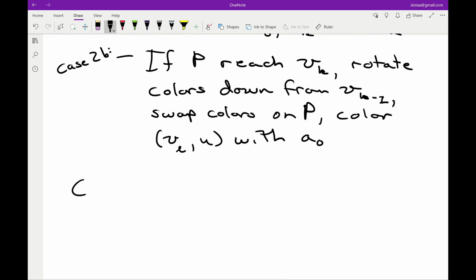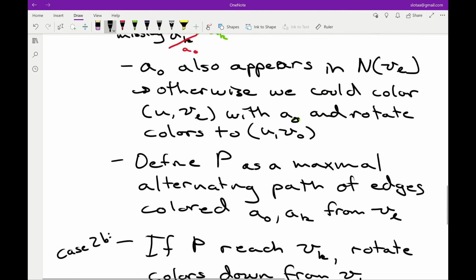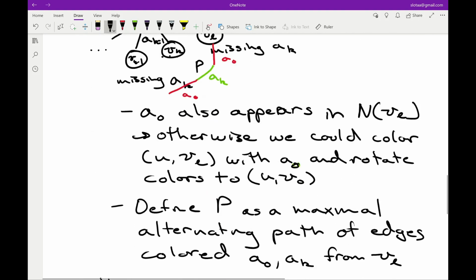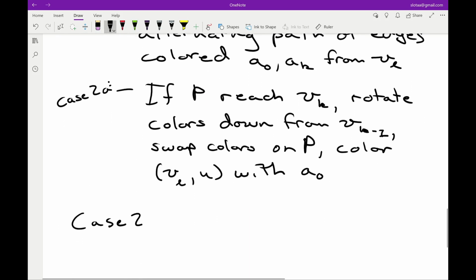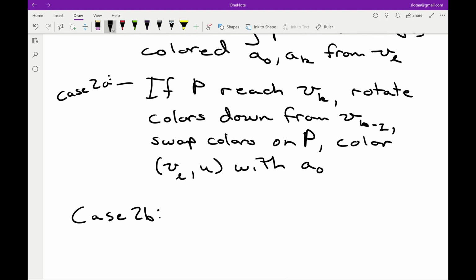Moving on to our case 2, is that case 2B? So that should just be case 2A. There we go. This is our actual case 2B.